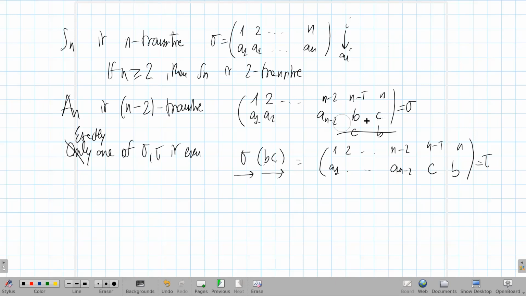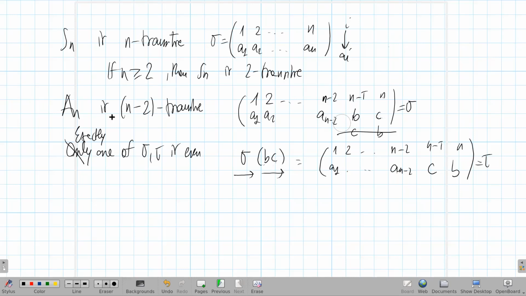Either you take them as before and you get sigma, but if sigma is odd, not even, then you have to take tau, which is even, because you multiply by a two-cycle. If sigma is even, you have found a way of bringing these n-2 elements to these.